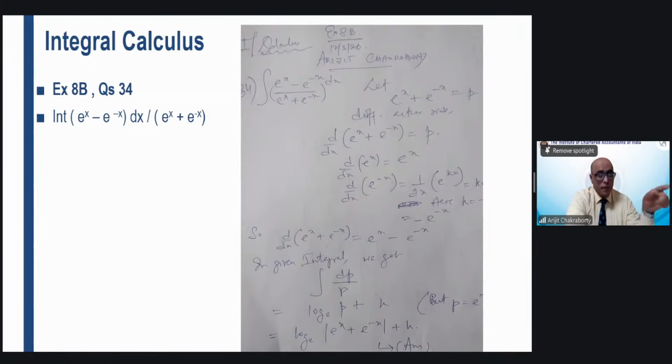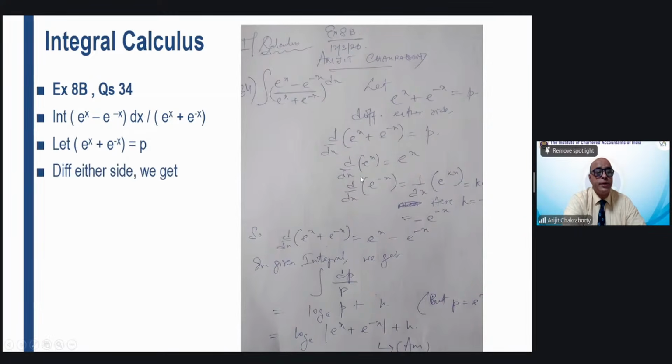Now I am differentiating both the sides. प्लीज सी, मैं दोनों साइड डिफरेंशिएट कर रहा हूं. You know that d/dx of e to the power x is the same e to the power x, but d/dx of e to the power minus x, this is of the form e to the power kx where k is minus 1.